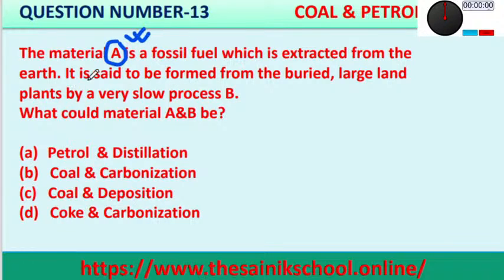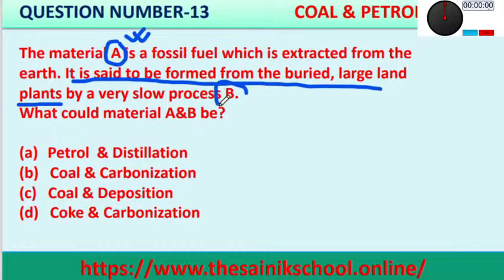The next condition is that it is said to be formed from buried large land plants, the plants which grow on land. This fossil fuel A is made by a very slow process called B. So you have to name that process B and that fossil fuel A. What is A and what is B?